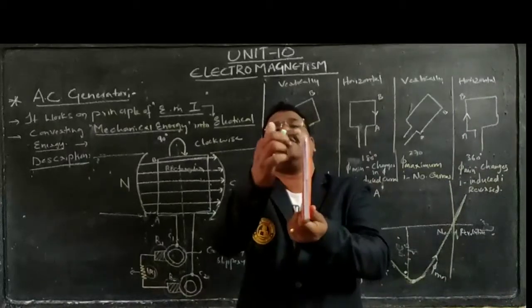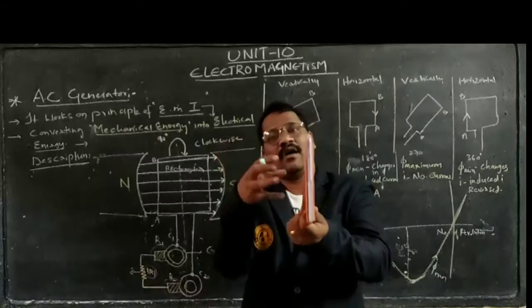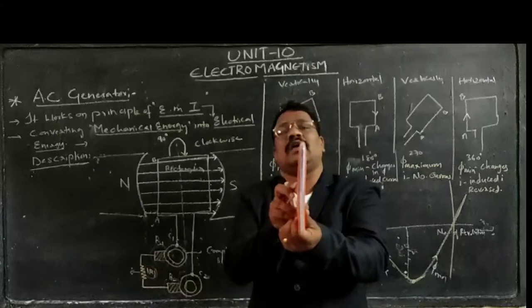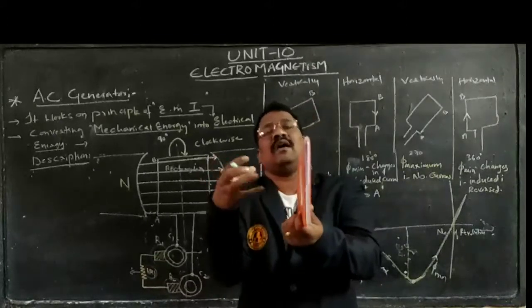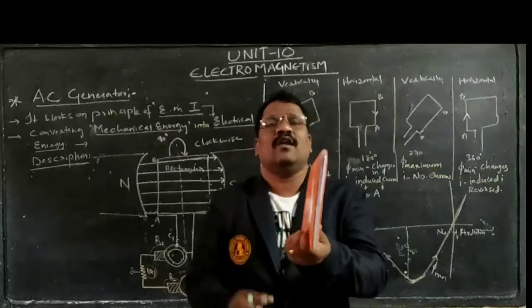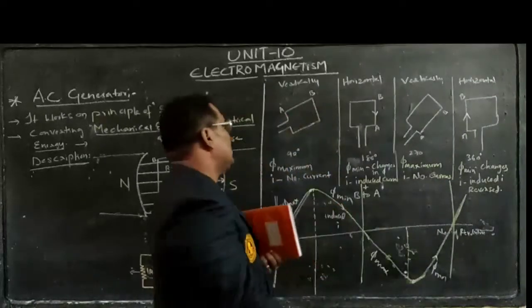Therefore, the maximum amount of magnetic lines of force will pass through this coil when it is vertical. When the maximum amount of flux is passing through the coil in this position, what happens? Current produced will be equal to 0.